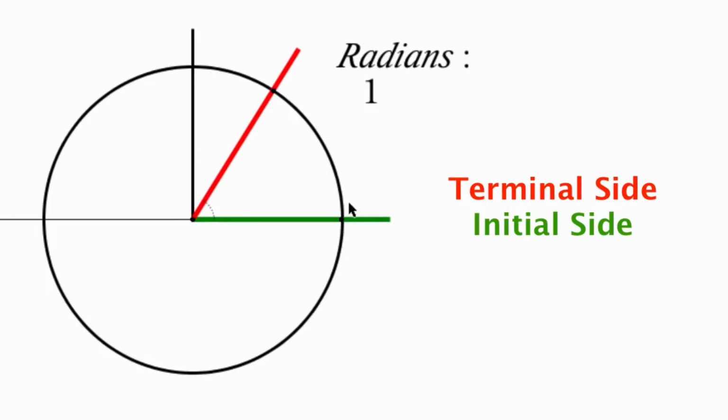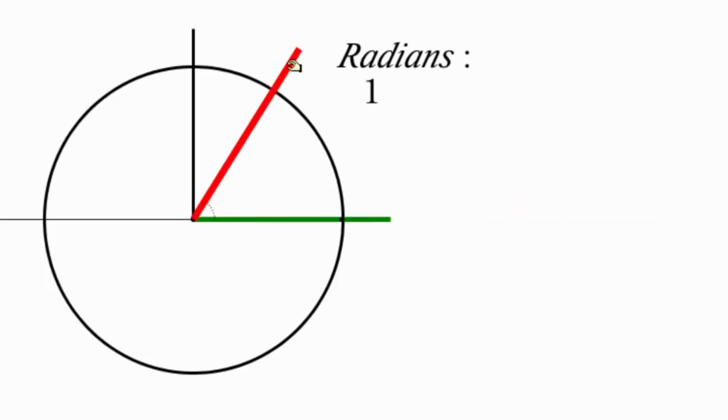So this is a length along the outer edge of the circle here. But a radian can also be describing the angle formed by the terminal side and the initial side right inside here. Okay, well, let's bring degrees into this.